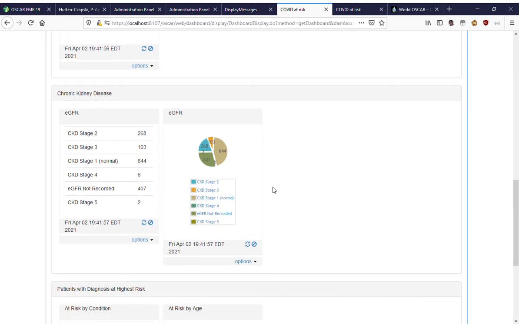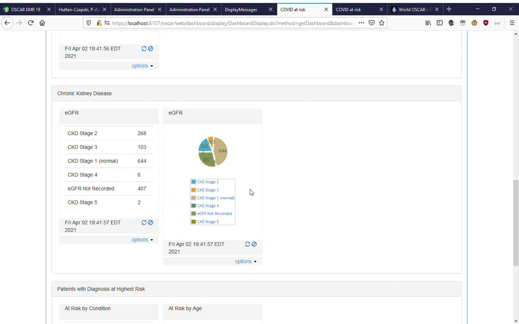And we have chronic kidney disease, which shows we have EGFR by CKD stage. Okay, and so for COVID at risk, of course, it's stage 4 and 5. We're at the highest risk, that is if EGFR less than 30.